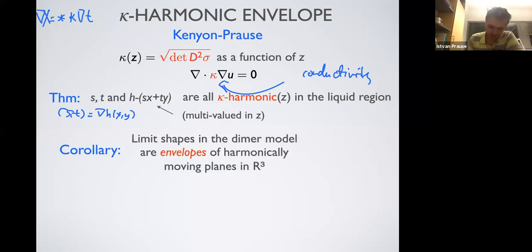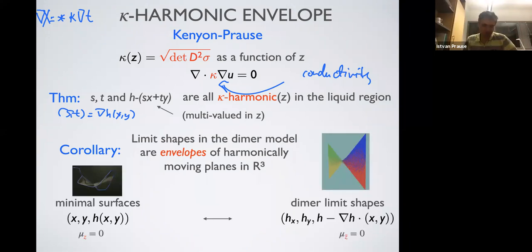Now, since in the dimer model this square root of the Hessian, as I said, was constant, we can as well normalize it to be 1. Then we just have the usual Laplacian, so we have harmonic functions. As a corollary, we obtain that the dimer model limit shapes are envelopes of harmonically moving planes in R3. There is a kind of duality here to minimal surfaces.